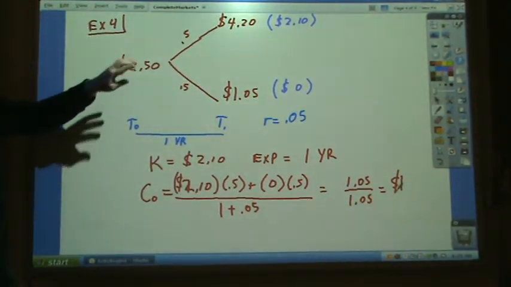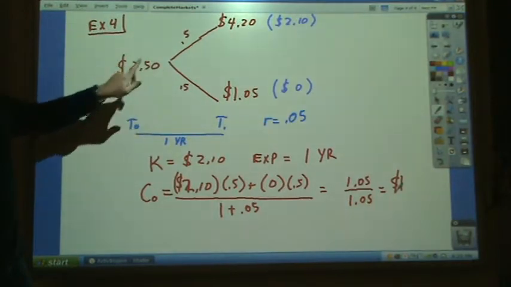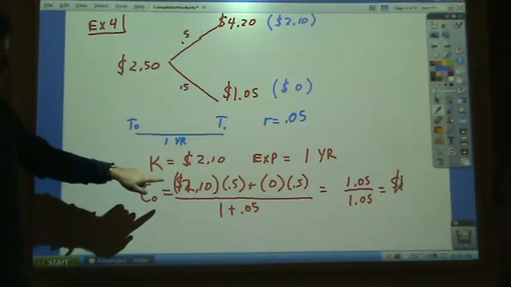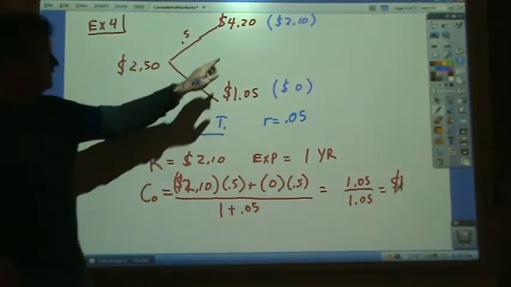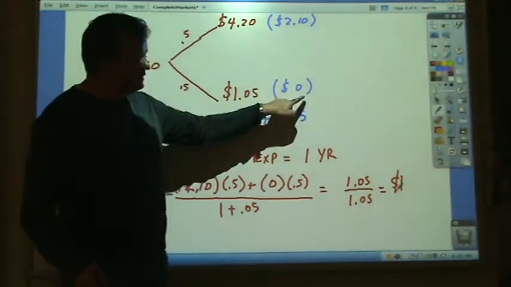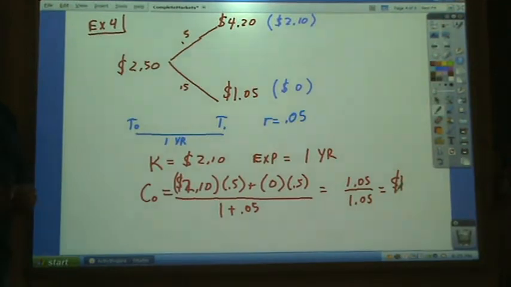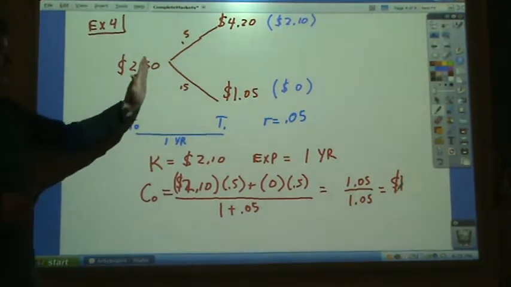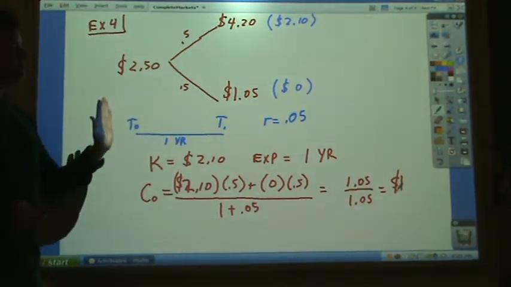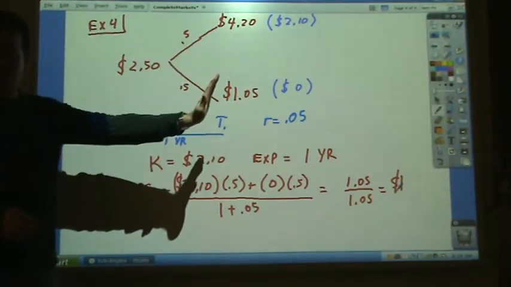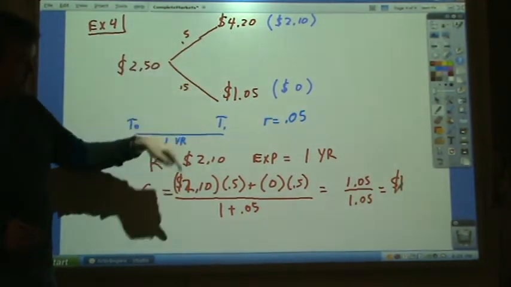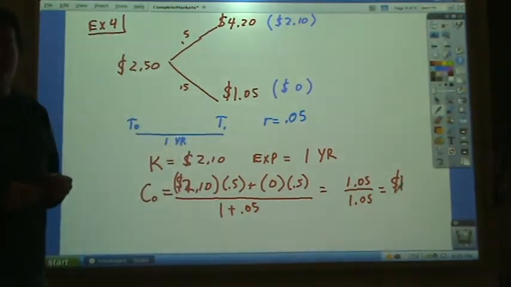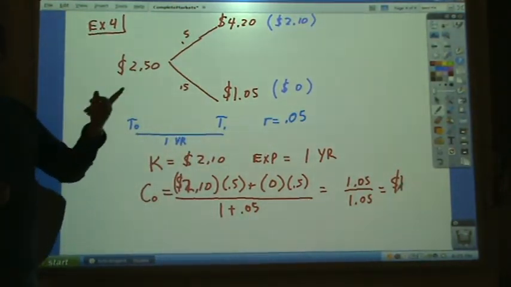So if we take the expected value of the option, the expected value of the option is going to be $1.05. There's a 50% chance it's going to be worth $2.10 and a 50% chance it's going to be worth 0. So I've said, what is this option I'm buying today? What is it expected to be worth a year from today? It's 50% chance it's $2.10 and 50% chance it's 0, so $1.05 is what it's expected to be worth a year from now.